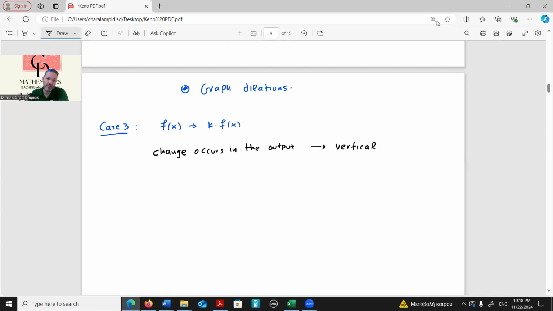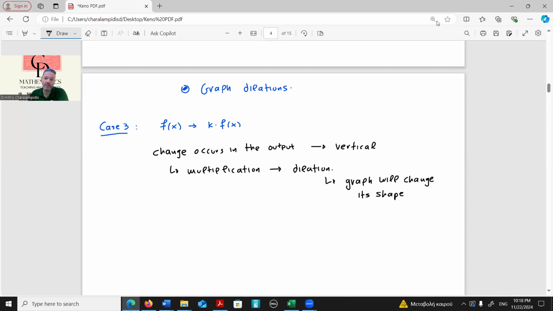And with regards to that change, the change is a multiplication, which directly translates to a dilation. So this time we have a vertical dilation. Vertical dilation means that the graph will change its shape.